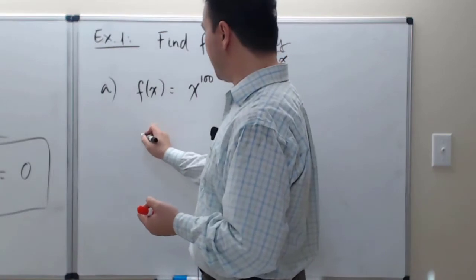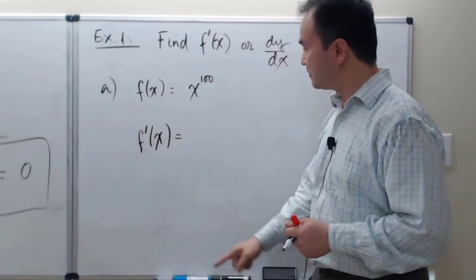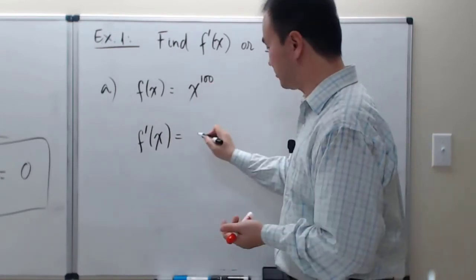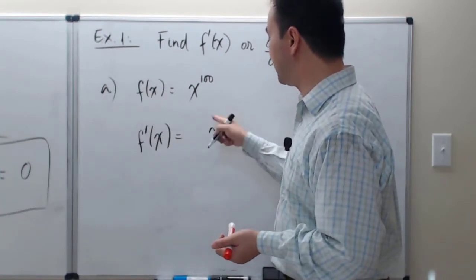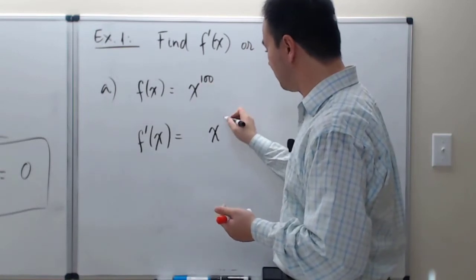That means our f prime of x can simply be the original power, 100. The derivative has to be x to the original power subtract 1, so 100 minus 1.